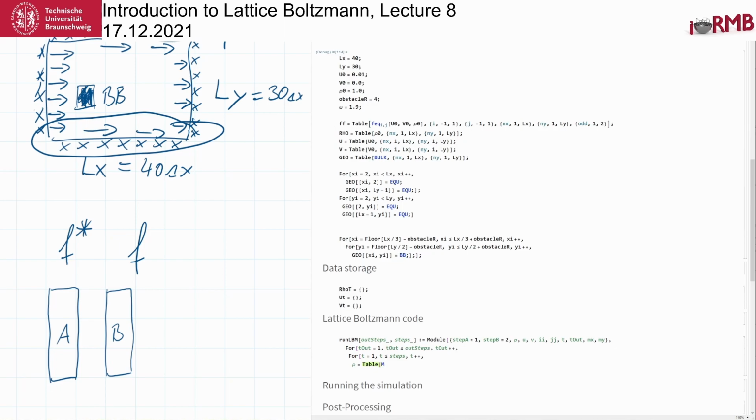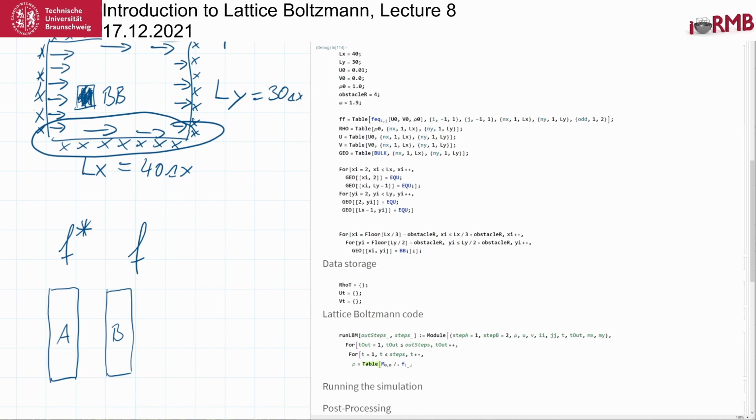So here we start with the density, and the density is of course the zero order moment, m0,0. m0,0 is defined as a function up there, and I substitute the distributions in this function by f, i, and j, which I replace.